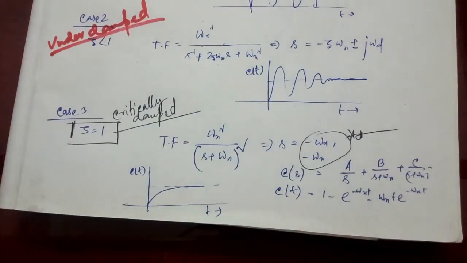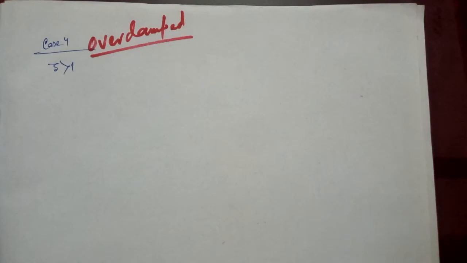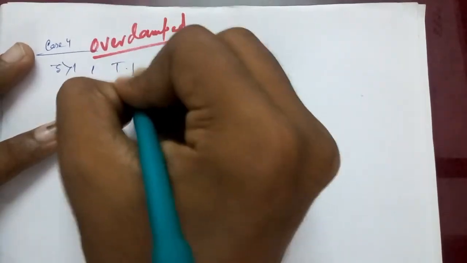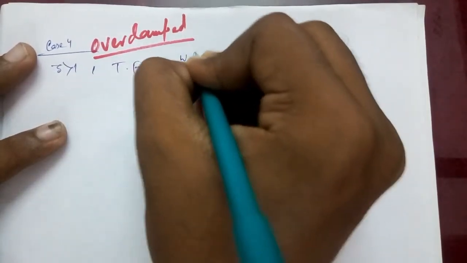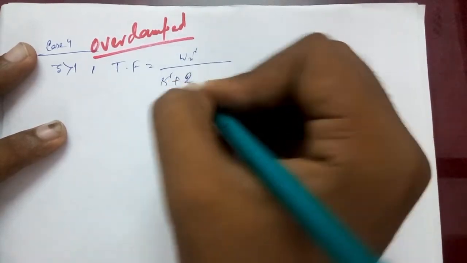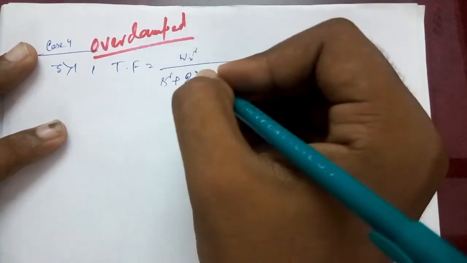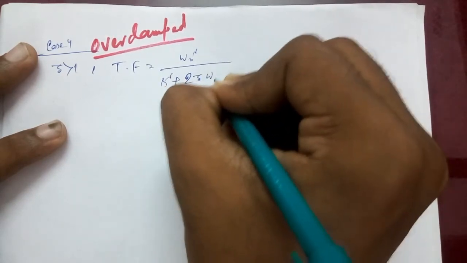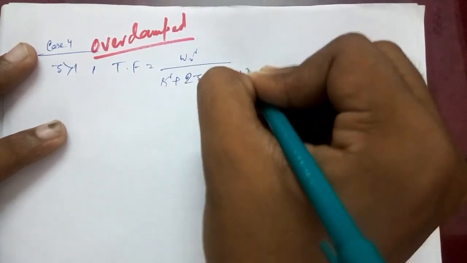This is the most important. Remember the plot. Now the last case, the fourth case, zeta greater than 1, that is called the overdamped condition. In this case, the transfer function will obviously be omega n square by s square plus 2 zeta omega n s plus omega n square.